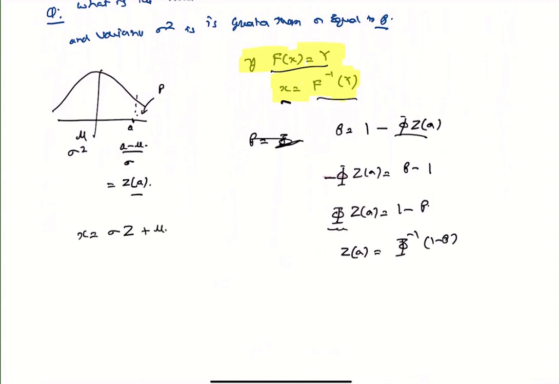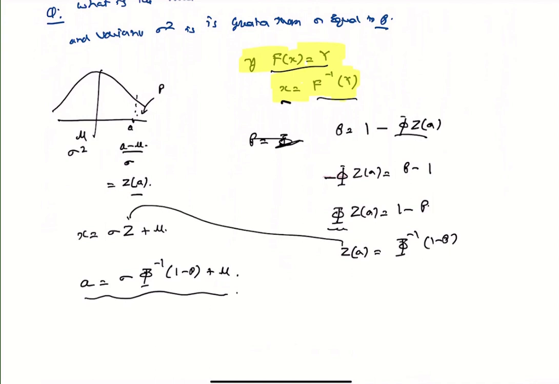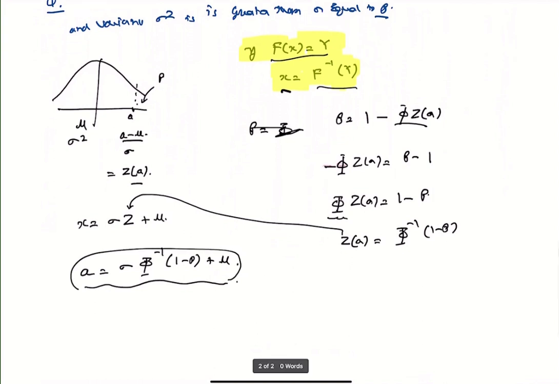So in that case, a is going to be sigma phi inverse of 1 minus p plus mu, which is going to be your answer, because we just input this over here, and that's just going to be the answer.